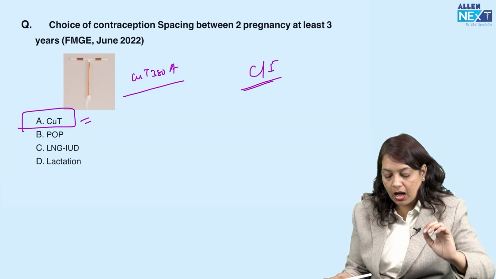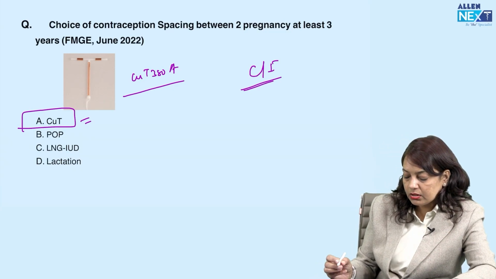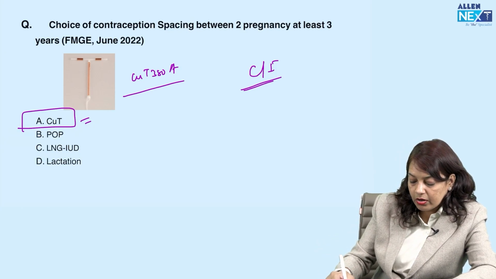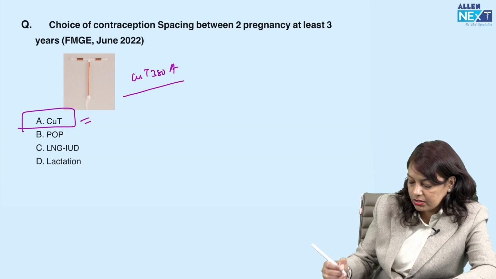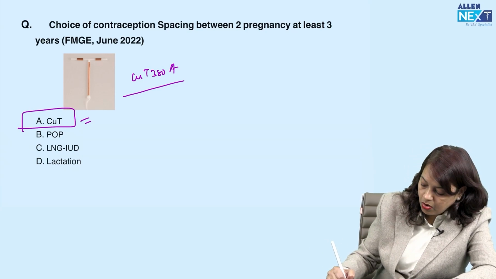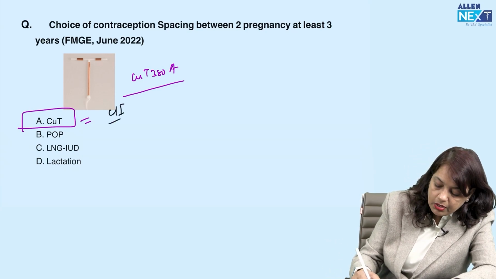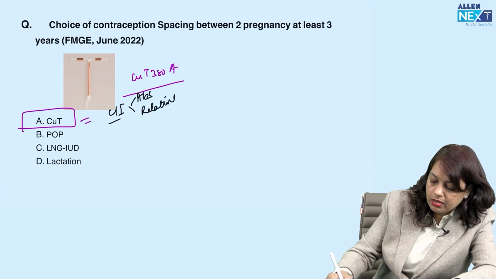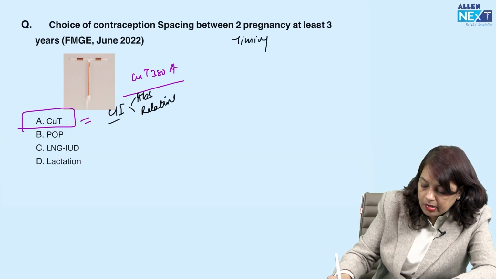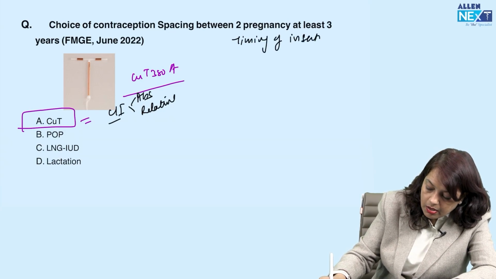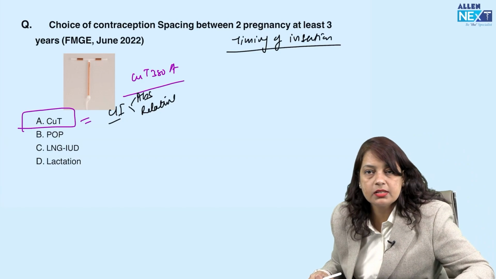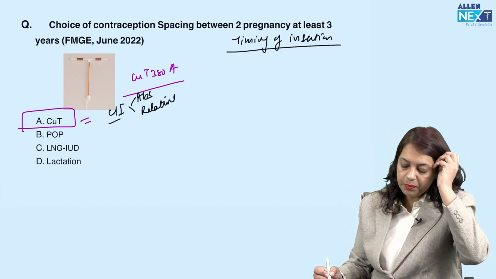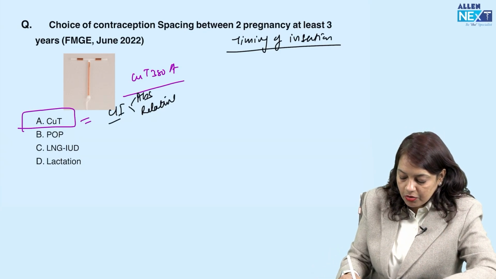Do revise the contraindications, absolute and relative. Now here I am telling you the timing of insertion of IUCD. This is very, very important when you are writing an FMGE exam or a NEET PG exam. Timing of insertion.